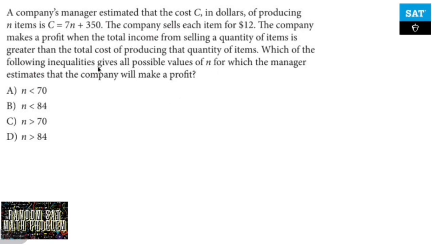Which of the following inequalities gives all possible values of N for which the manager estimates that the company will make a profit? So income is determined by me selling items at $12 per item. My cost is given to me already as 7N plus 350.